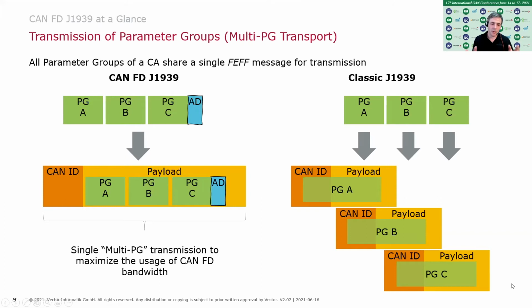This is a detail, but you may ask yourself, what if parameter groups A, B, and C do not completely fill up the payload of a CAN-FD frame? Because we cannot configure the data length of a CAN-FD frame on a byte level, we have to fill up the extra bytes which we are not going to use in this transmission. We have to add padding bytes and fill up the payload.